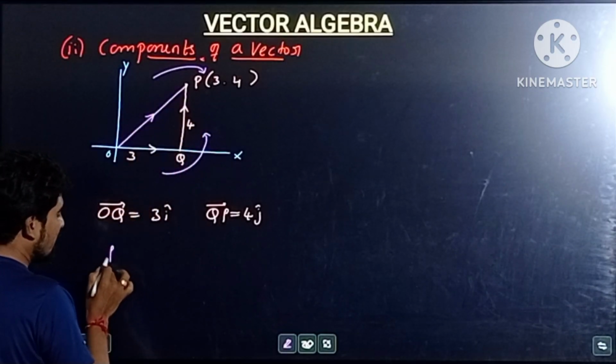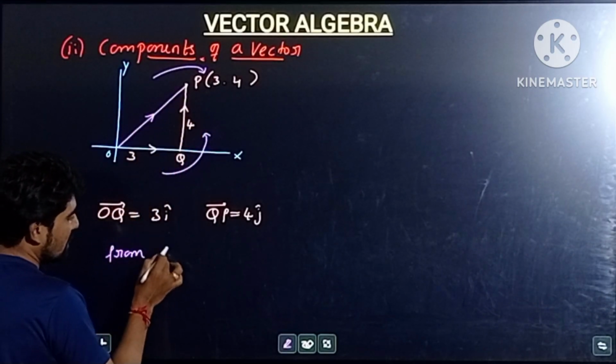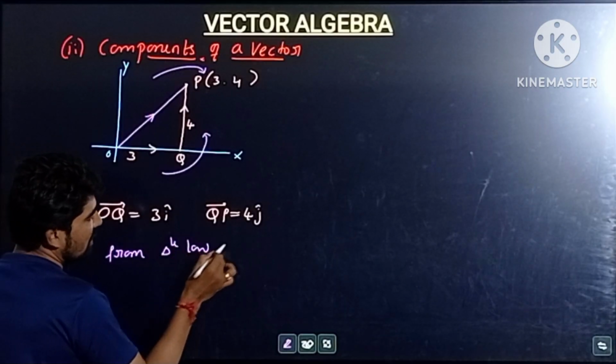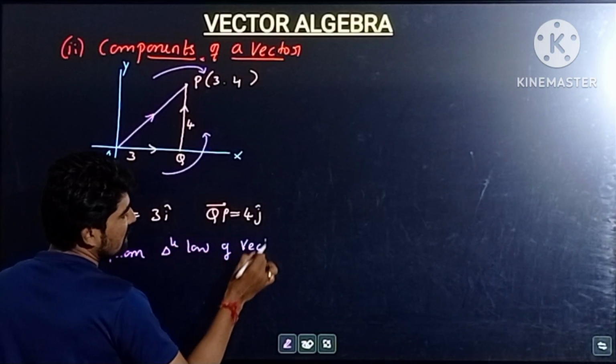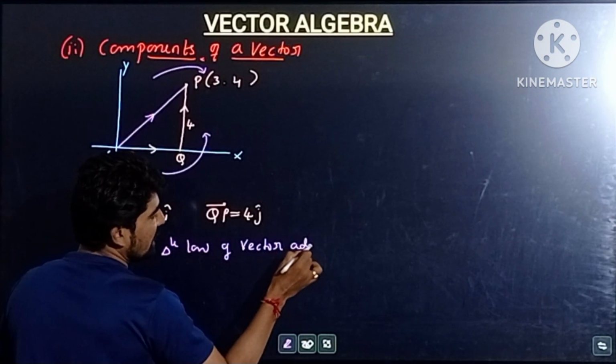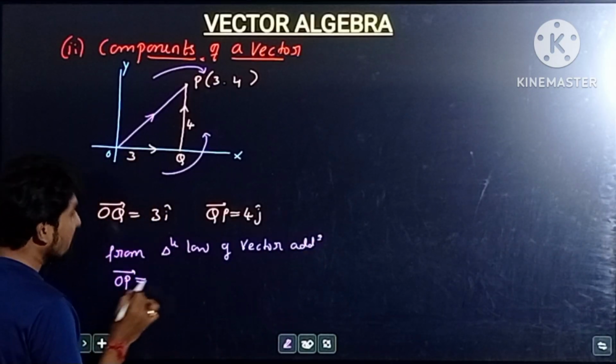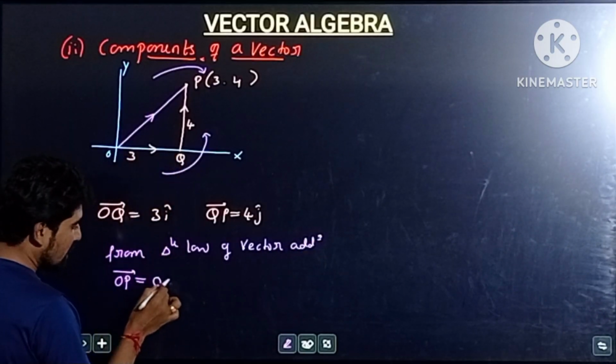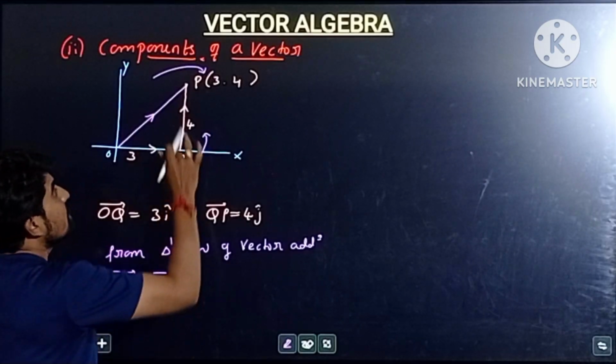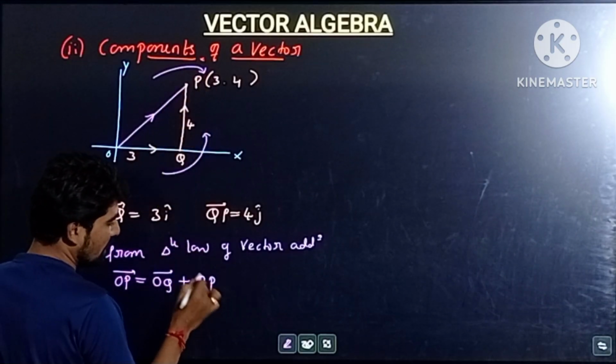Therefore, from the triangle law of vector addition, definitely the OP vector should be equal to OQ vector plus QP vector.